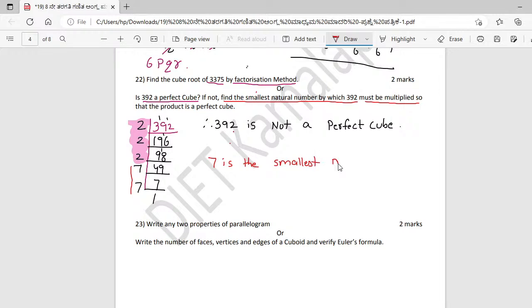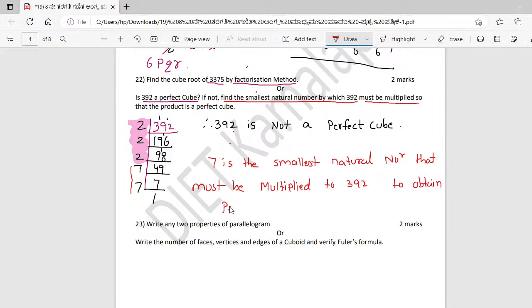Smallest natural number that must be multiplied to 392 to obtain a perfect cube.